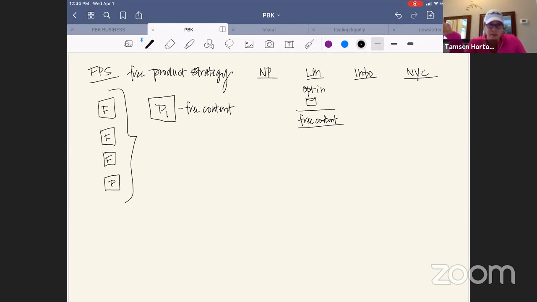It lets me change out the content. If you could see behind the scenes, oh my goodness, is it a mess? These are all categories, all these different categories of free content.